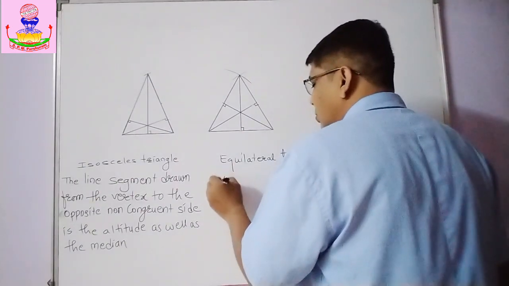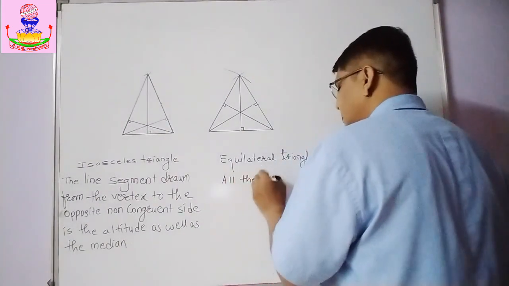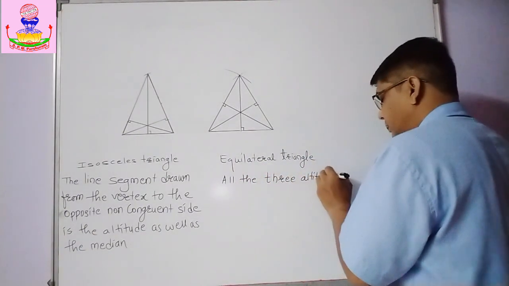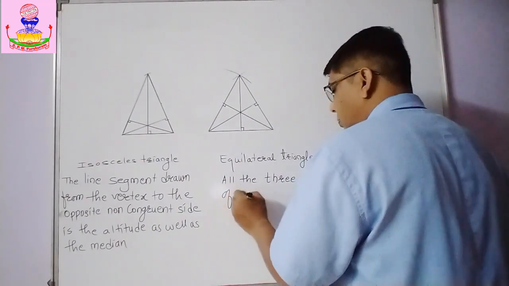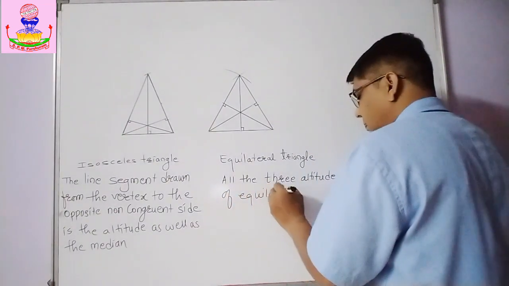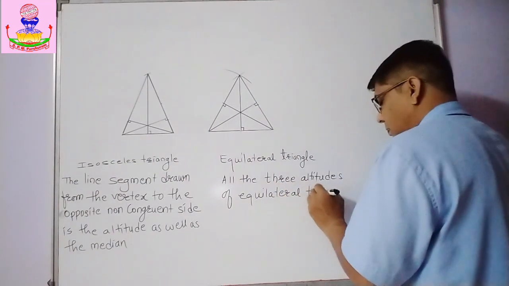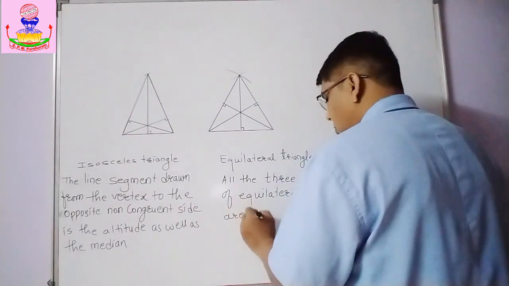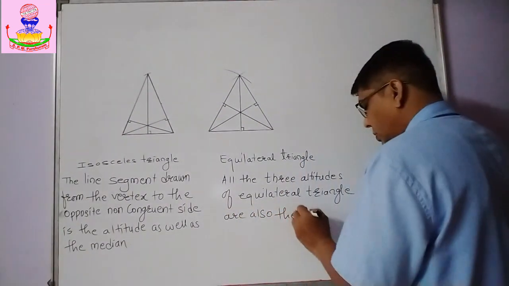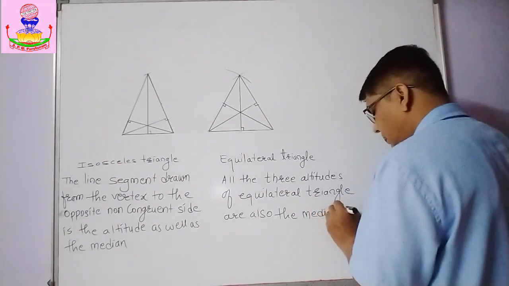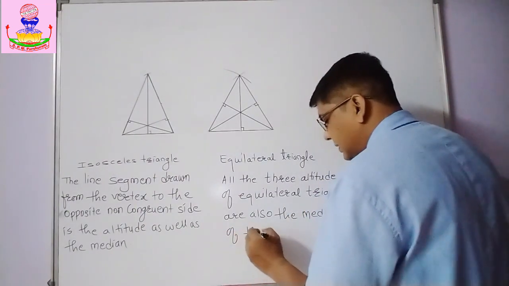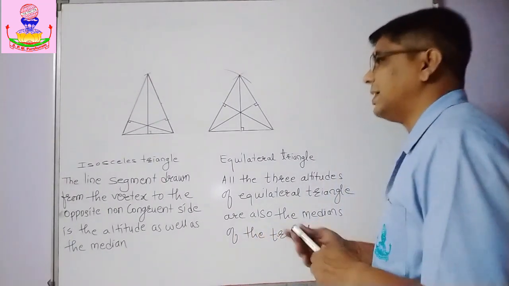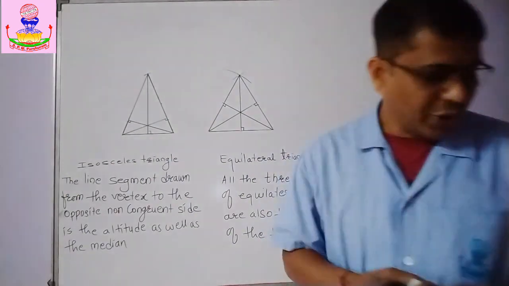So here we can say all the three altitudes of equilateral triangle are also the medians of the triangle. So that is what the speciality of these two triangles is.